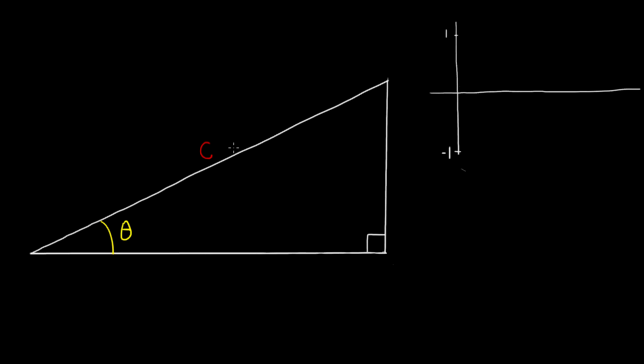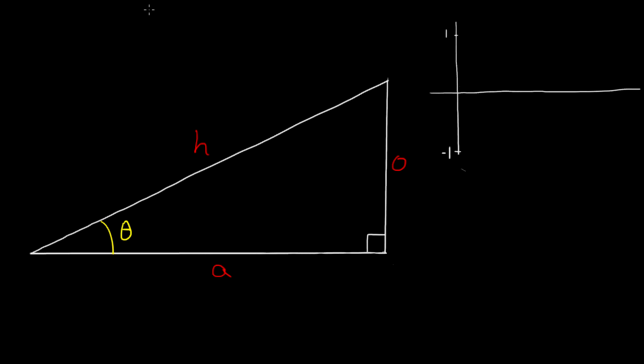Let's call this H for hypotenuse. Let's call this O for opposite. It's the side opposite the angle. And let's call this A for adjacent.